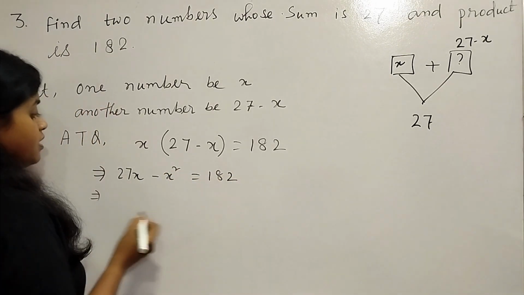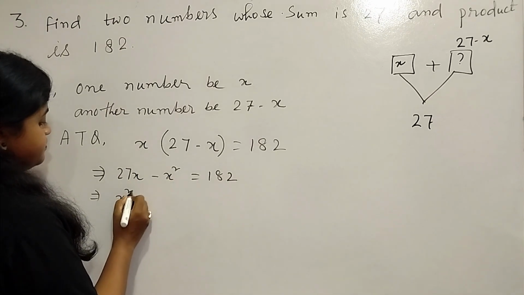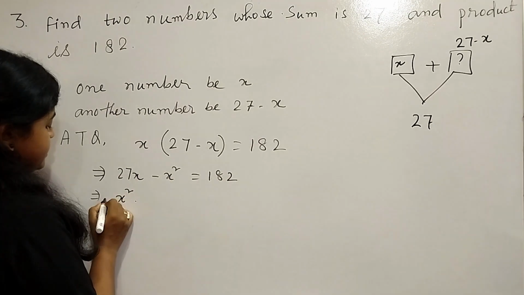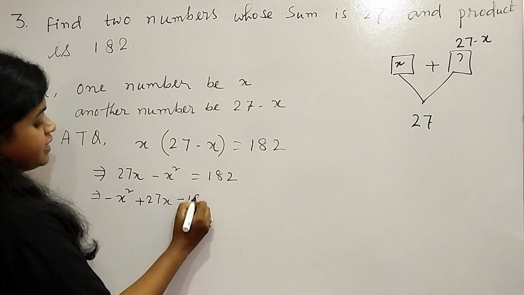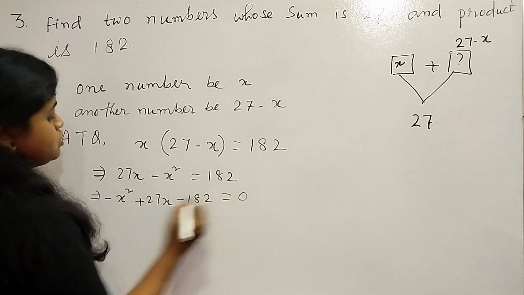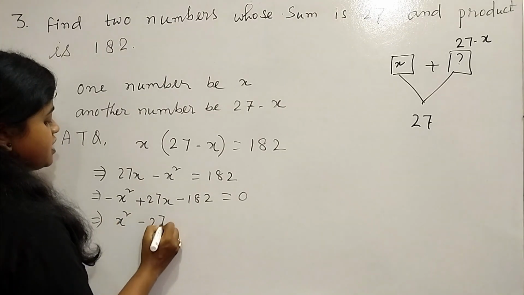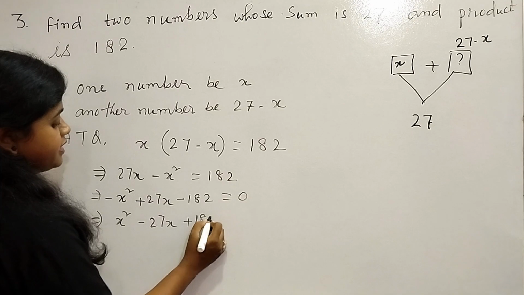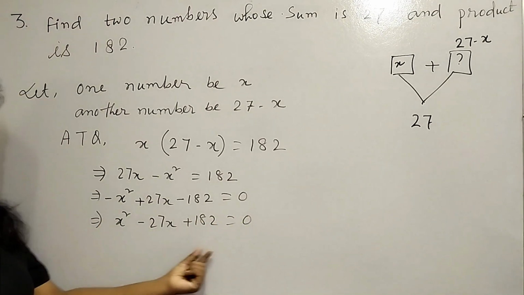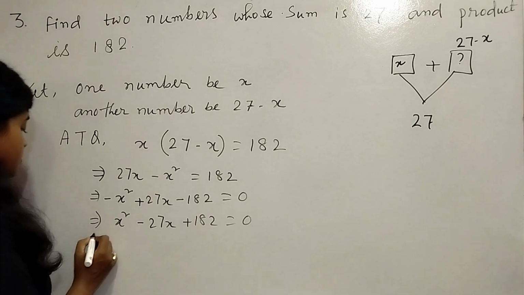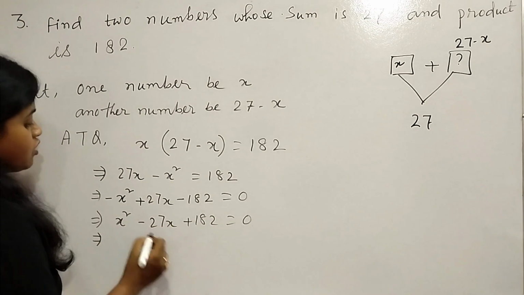If I arrange this, we will get x square minus x square plus 27x, and whenever it comes to this side, it will be 182 equals 0. And this will be x square minus 27x plus 182 equals 0. We multiplied the minus sign in both numbers in each case. So this is our quadratic equation.